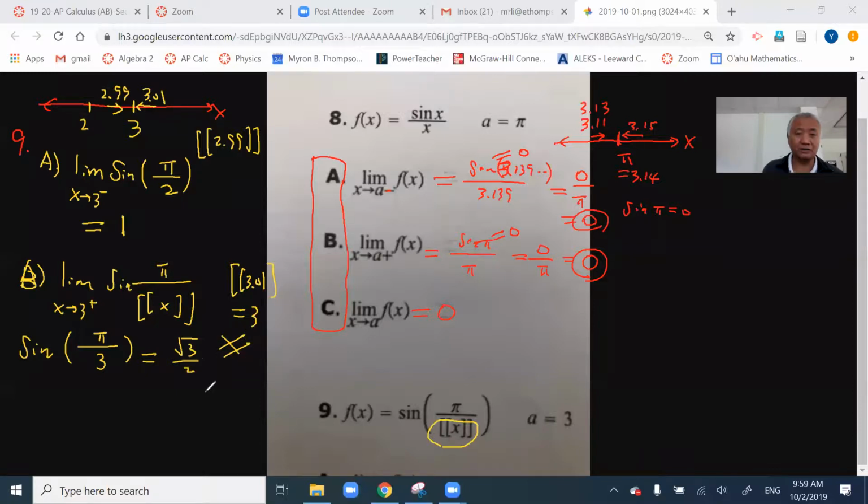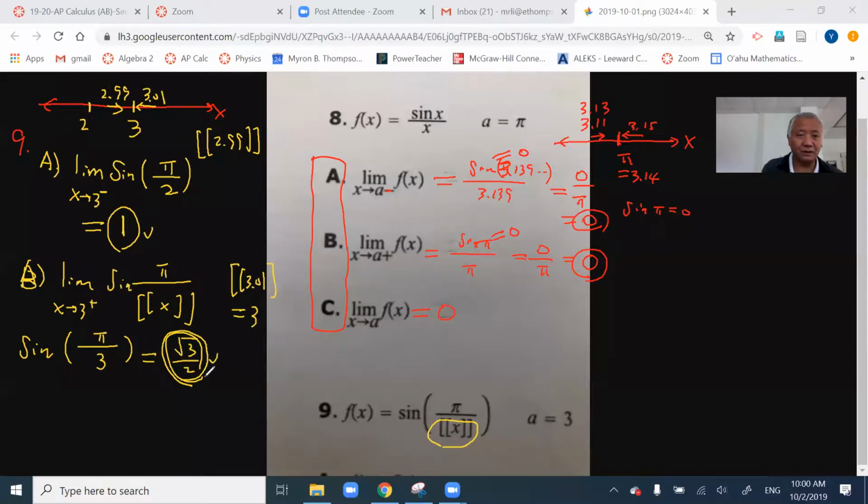These two are not equal. Means the left limit is 1 and the right limit is root 3 over 2. These two are not equal, right?